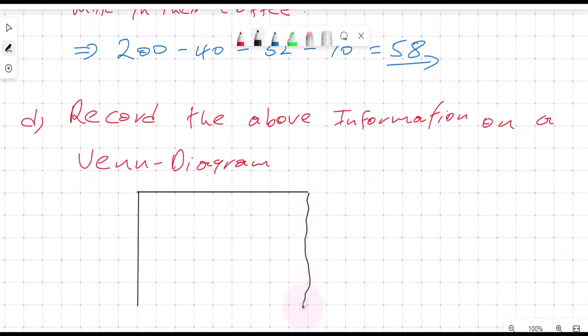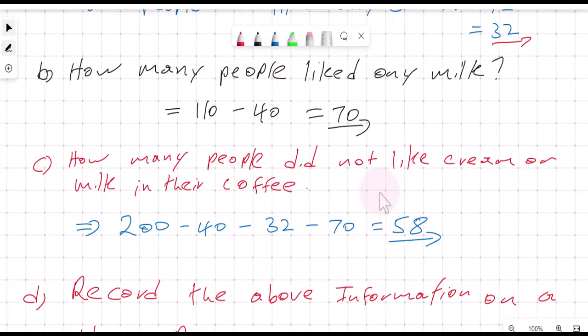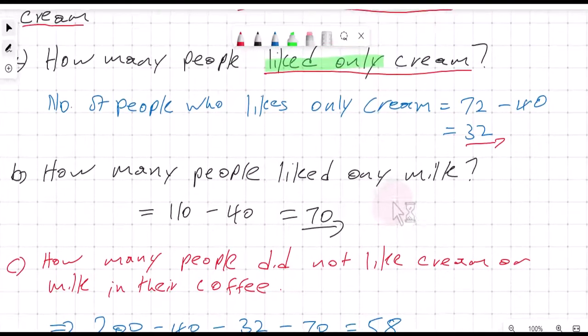Let's go. Let's record. And then here is our Venn diagram. First things first, before we do our presentation of our Venn diagram, we need to check: do we have an intersection between milk and cream?